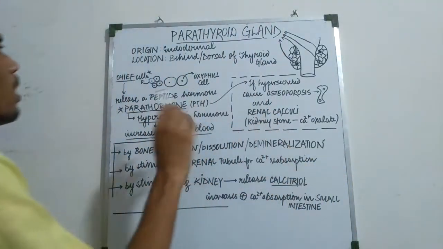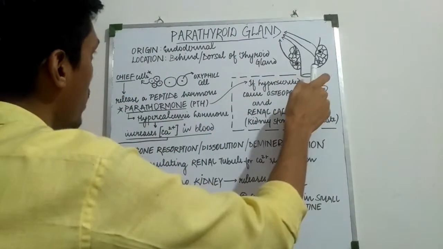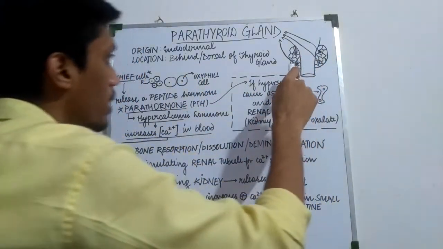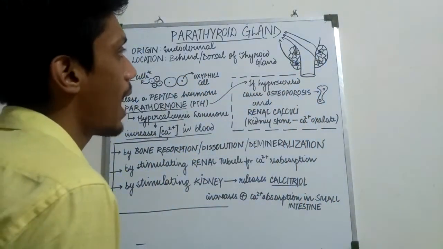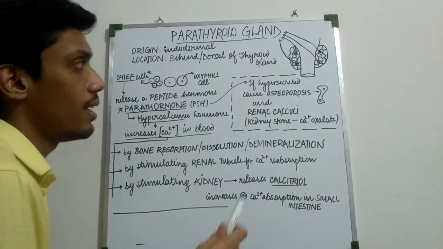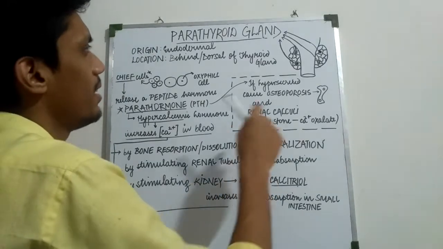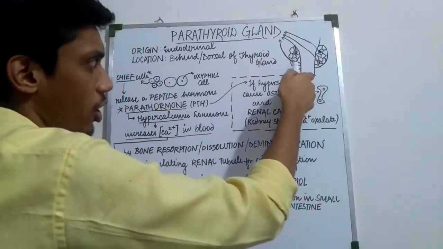Now we know the location and the origin. So what does this gland do? Since it is an endocrine gland, it is obviously related to the secretion of a hormone. First we see the cells which constitute the parathyroid gland.